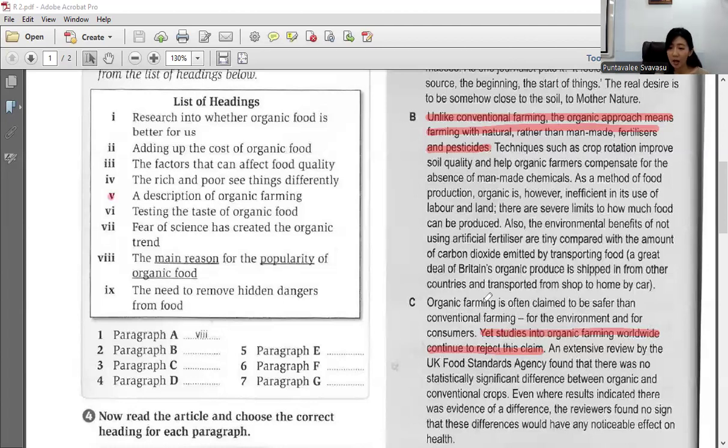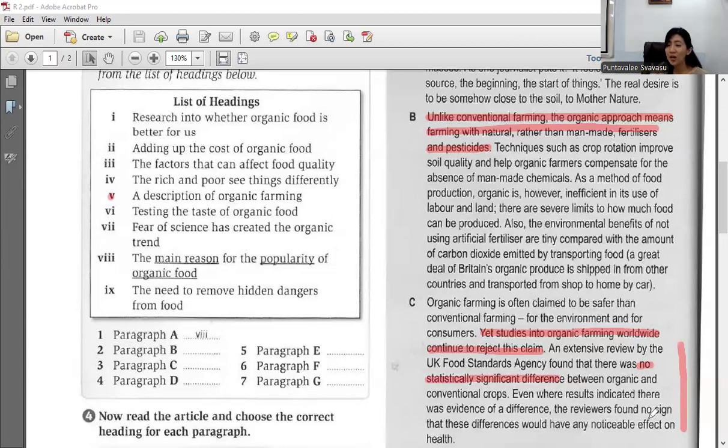For paragraph C, you will see that I choose the one in the middle, not the first one. One thing to look for is that the supporting details should support the main idea, isn't it? If you look at the supporting details here, they say there was no difference between organic and conventional crops, and there will be no effects on health.